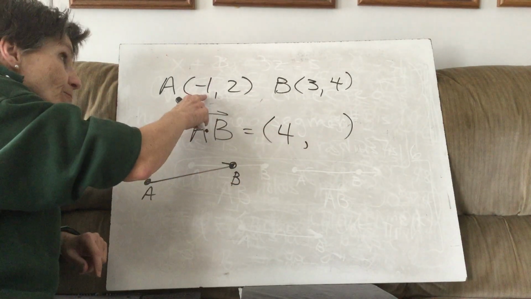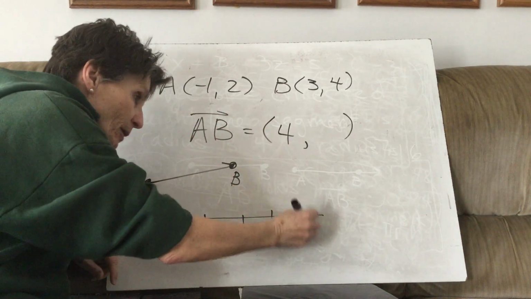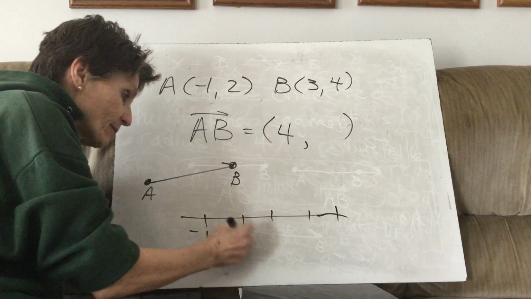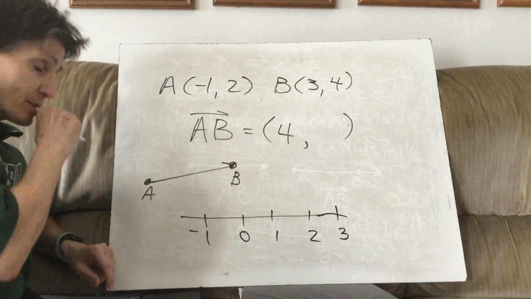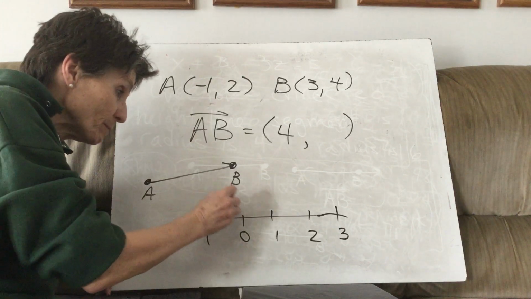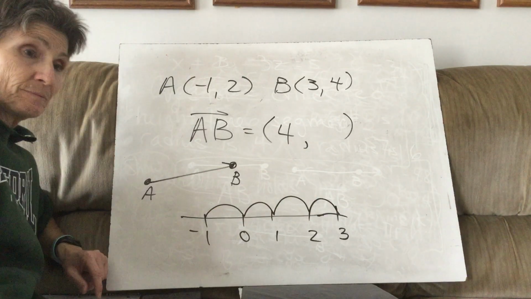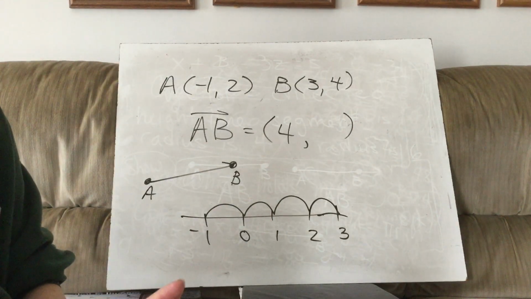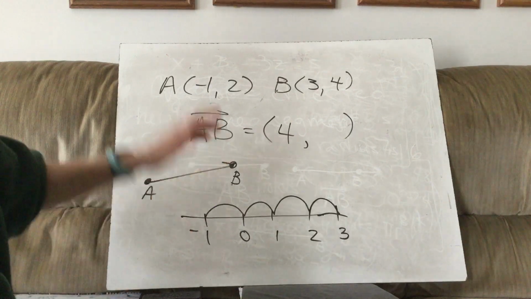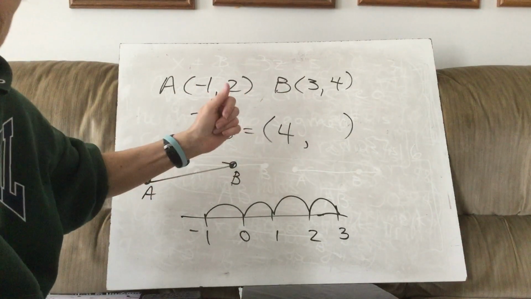So if you were counting from -1 to 3, and I'm not going to do this again, I'll do it this one time. Here's -1. Here's my number line. If I were counting, how many steps, it would be 1, 2, 3, 4 steps. 3 minus -1. It doesn't matter to me how you figure that out. A lot of you are just going to say, oh yeah, -1 to 3 is 4.